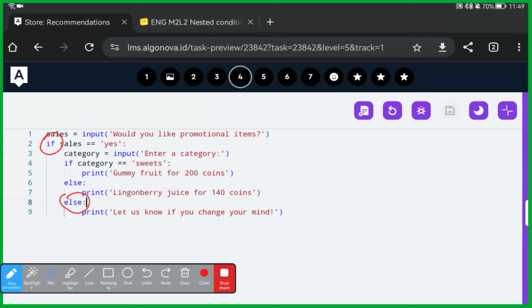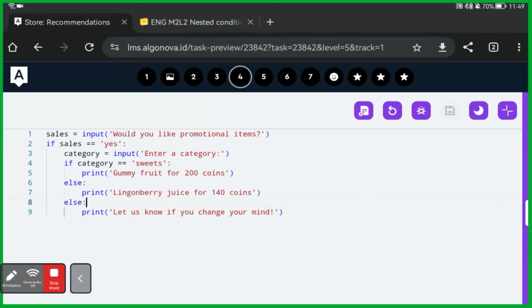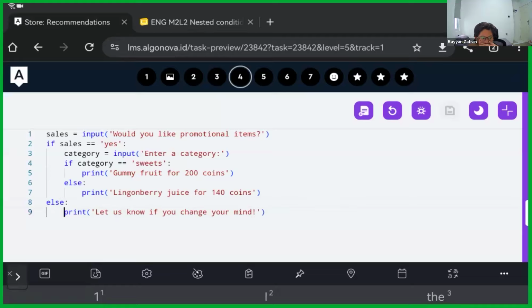So I think there is something wrong with the position because the else should be on here, right? Yeah. So you have to fix the position because if you continue like this, it will become an error. You got it? Okay, let's fix that. Just like this. And don't forget about the print because it's part of the else. Okay, so there it is. This is how to fix it. You got it? Oh, okay.